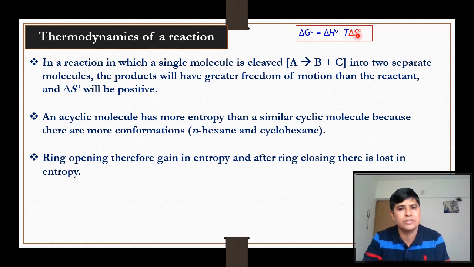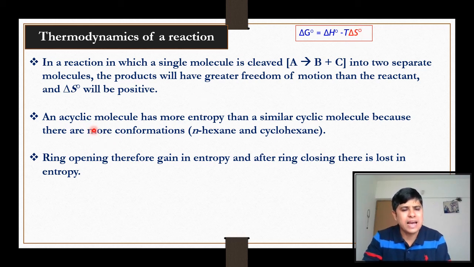So if delta H is negative and delta S is positive, then we will have negative free energy. For negative free energy we want negative delta H and positive delta S.